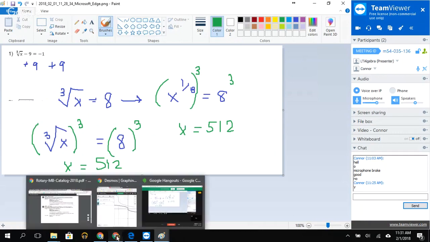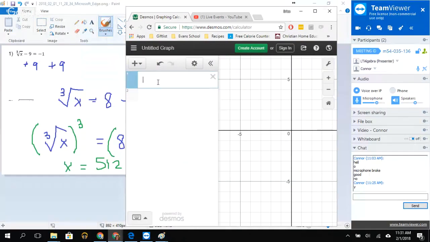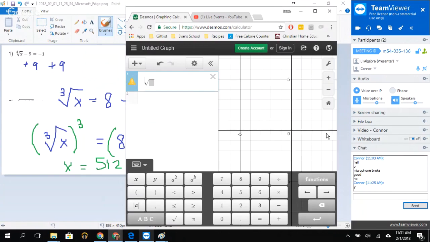So what I mean by that is if I go back to Desmos, I say that my left-hand side of the equation is the cube root of x minus 9. That's my left-hand side.